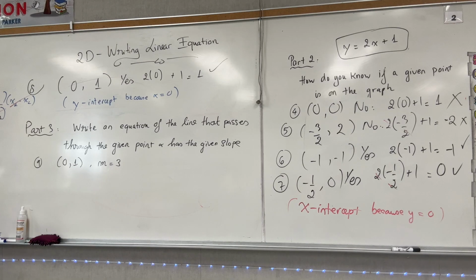M. Oh, I like how Layla started with M first. Very good. Let me be consistent with the colors. I'm going to use M in red. So far so good? I just flipped y2 minus y1 to the left, and this one I moved to the right. Nothing changed, except I multiplied by x2 minus x1 to cancel out the denominator.